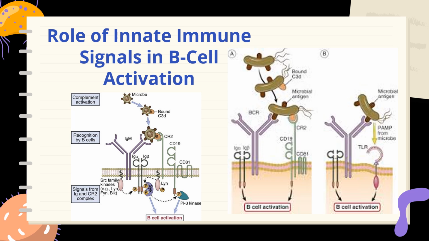Both of these innate signals contribute as co-receptor or secondary signals that do not require T cells for B cell activation, consequently making these activation pathways, as mentioned with the CR2 co-receptor and the TLR receptor, T-independent.